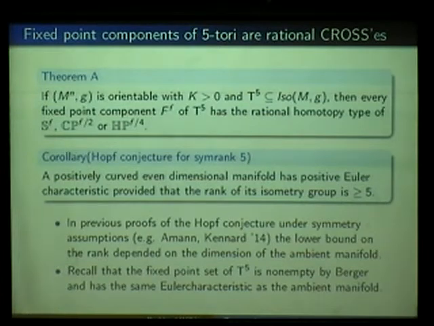So either linearly, or if the dimension is divisible by 4, there's a paper by Ammann and Kennard where you only need logarithmic bounds. But this is now the first time that you only have a fixed number. 5 is enough, right? Okay, so that's the second part.